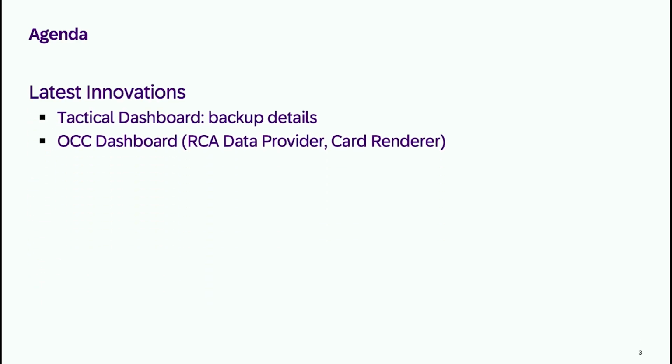Okay, so specifically for the agenda, latest innovation, we will talk about the tactical dashboard, the backup details. That's one of the latest features released with the FP3. And then a couple of new functionalities for the OCC dashboard, the RCA data provider and the card renderer.